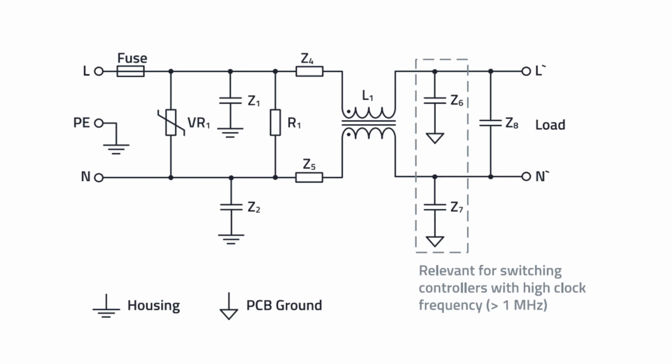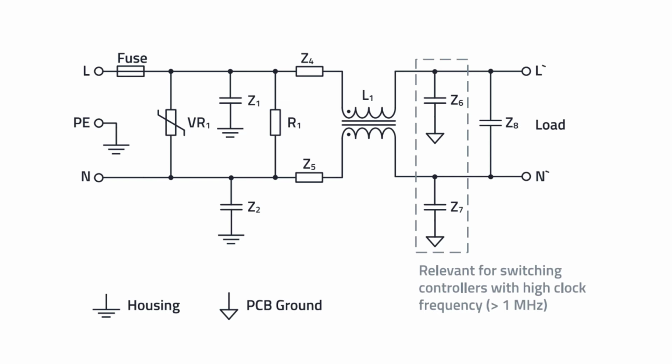The two capacitors should be placed on the circuit board of the power supply if the proportion of switching harmonics on the power supply side is high, or if the reference ground or the case ground does not form a high-frequency stable reference point. The chokes Z4 and Z5 are already partially covered by the leakage inductance of the common mode choke, L1, so Z4 and Z5 can also be provided for additional attenuation in the frequency range above 10 megahertz.